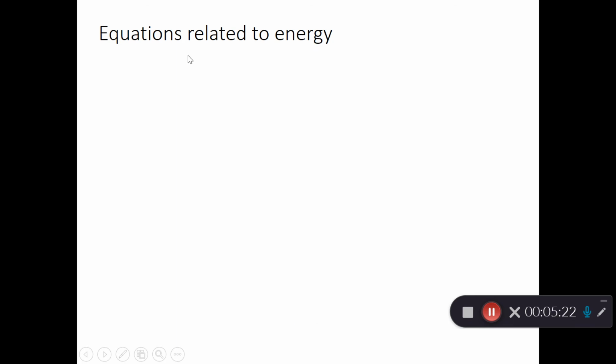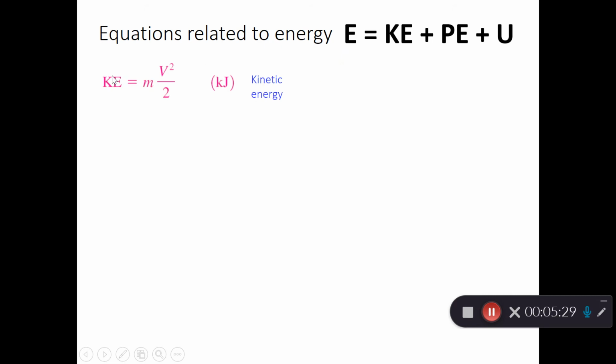So let's look at some equations related to energy. Okay, so this is the general equation. So kinetic energy is half mv squared, and the unit is the same unit as energy, which is joule, or here in thermo we like to use kilojoules. Okay, because you find that most of the energy magnitudes are quite big, so we use kilojoules.